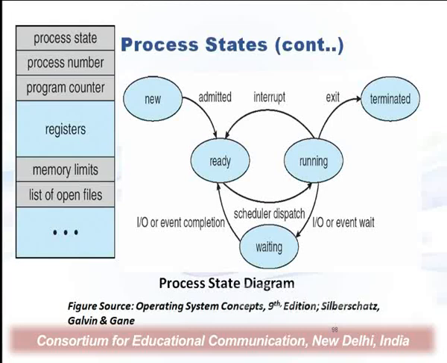So the scheduler dispatcher actually decides which particular process amongst the many processes in the ready queue would be allocated the processor. Once it is allocated the processor, the process is said to be in the running state.